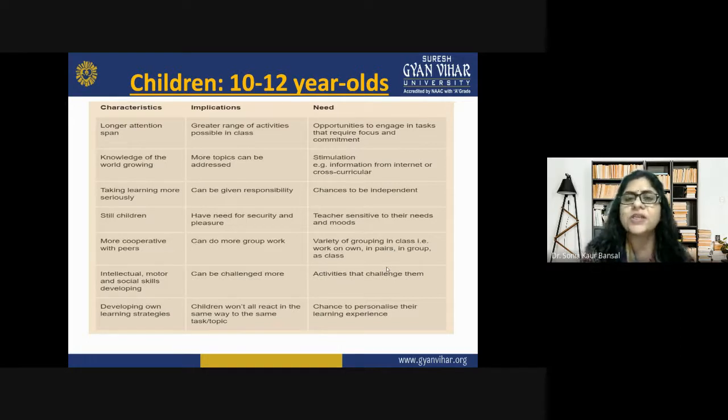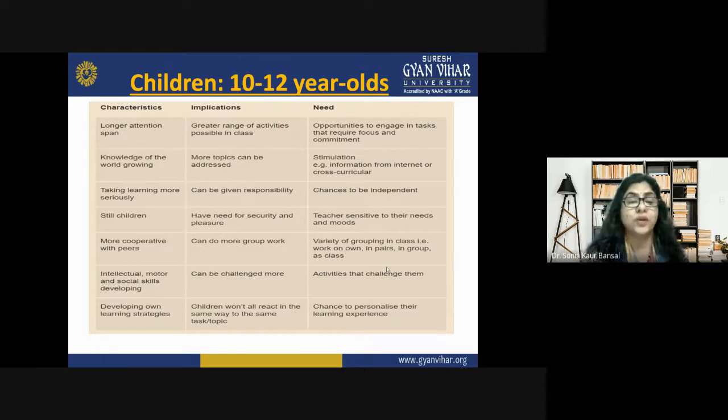If the teacher is not well planned, and is not thinking about age-appropriate characteristics, implications, and needs, then believe me, teaching would also be less effective. If all the proper things are taken into consideration while preparing lesson plans, students will learn more and more effectively.